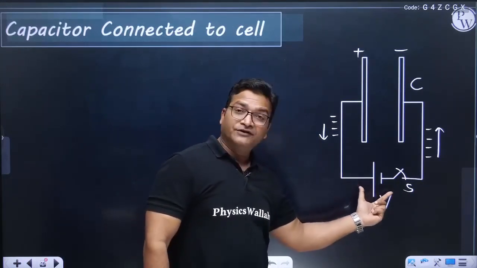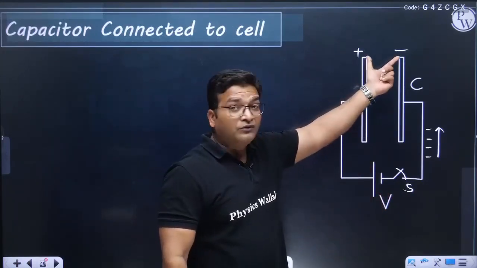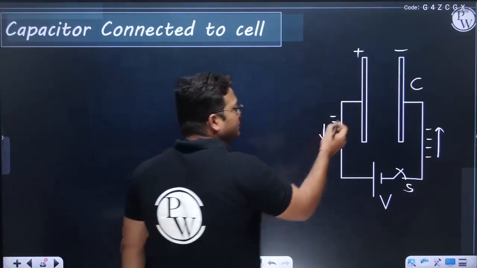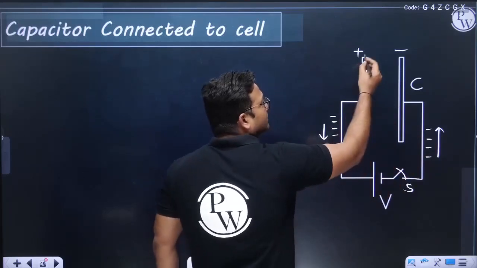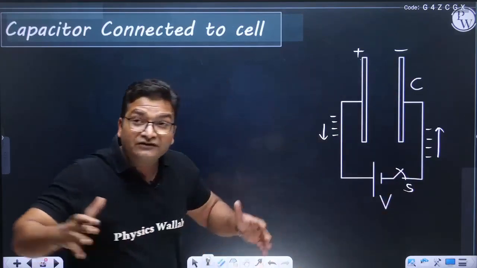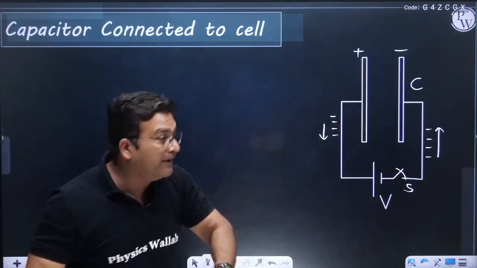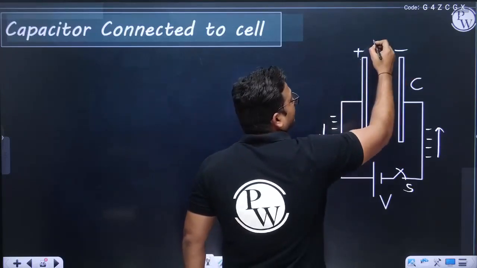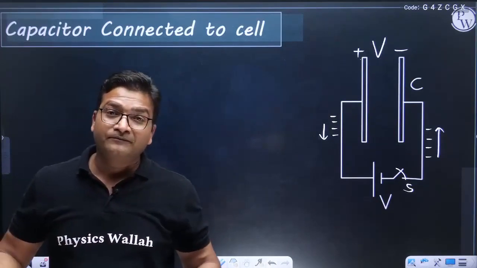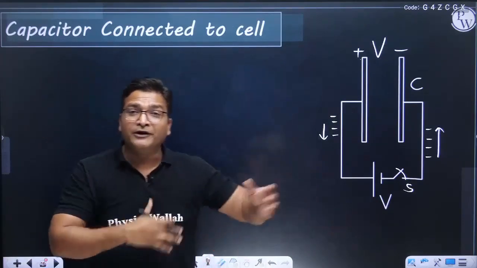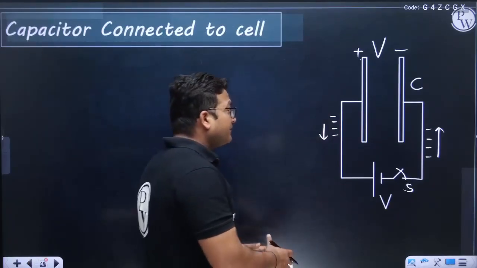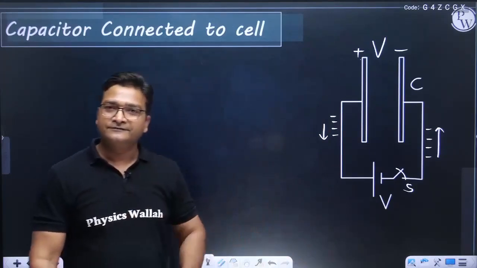Here we have potential difference V and here we also see some potential difference developing. As the charge keeps moving, the charges grow on the capacitor, and when the charges grow, the potential difference also grows. And the moment the potential difference across this becomes V, equal to the EMF of the battery, the flow of charge stops. Just like it stopped in the potentiometer and we got a null point. Here also we get a null point and the flow of charge ceases.